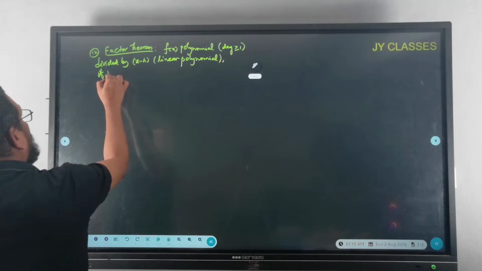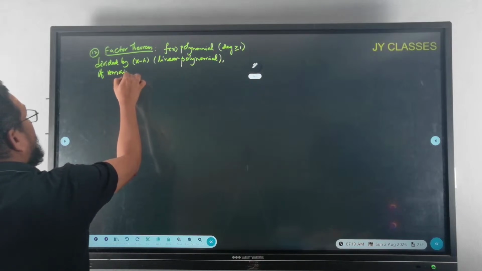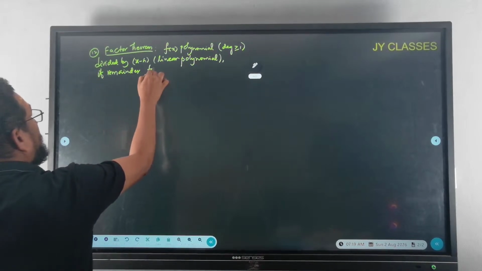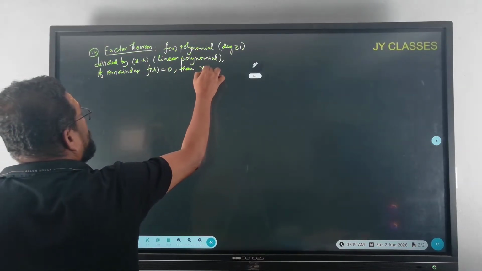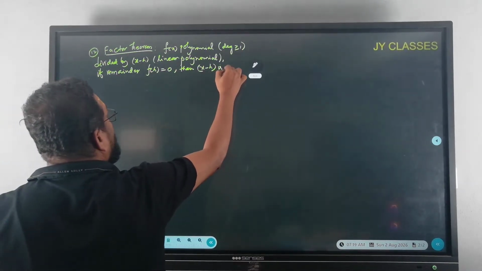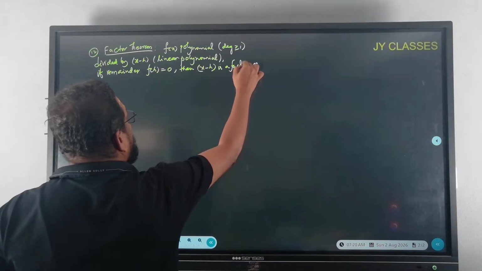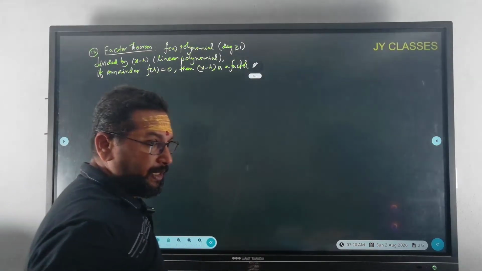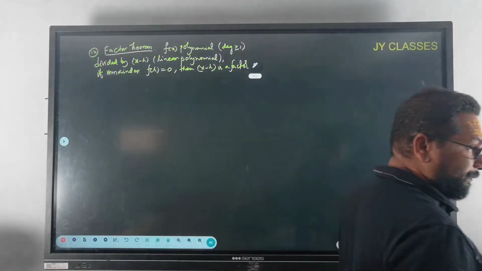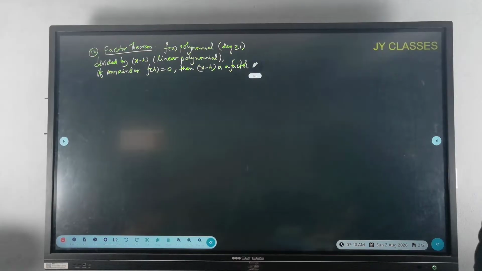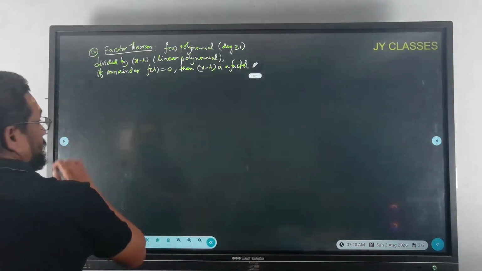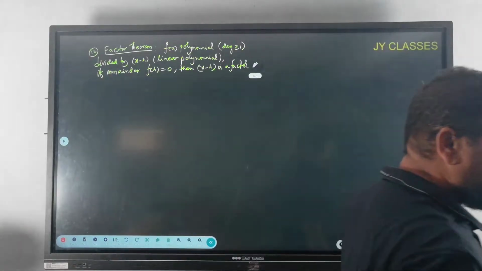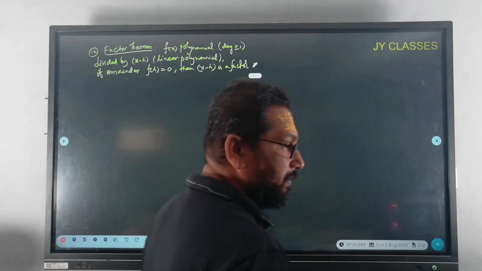If the remainder f of h is equal to 0, then x minus h is a factor.